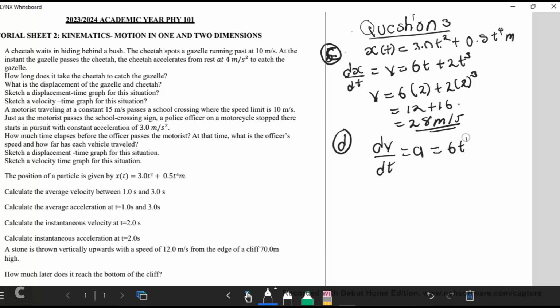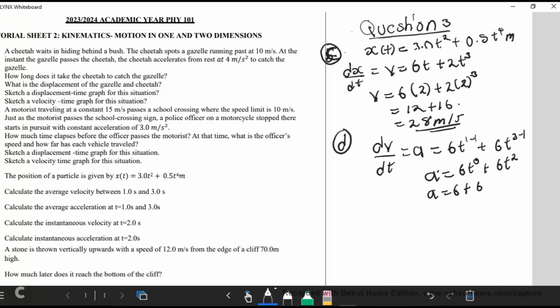Then t to the power 1 minus 1, like that, plus 6 times 3 minus 1, then you have the acceleration like t to the power 0 plus 6t squared. Any number to the power 0 is 1, so t to the power 0 is 1, then times 6, that is 6.